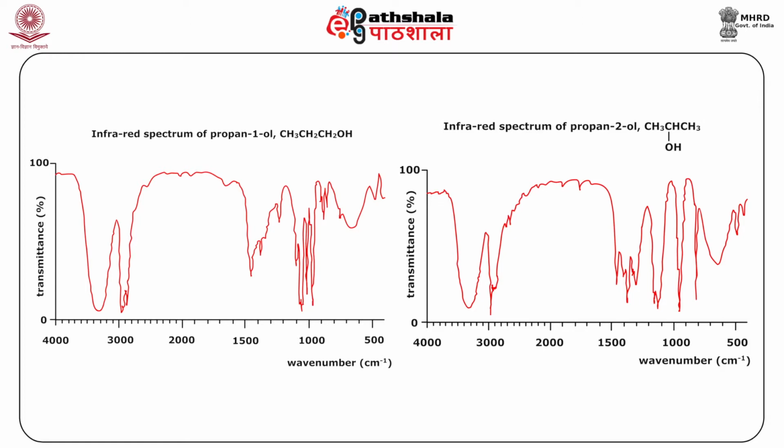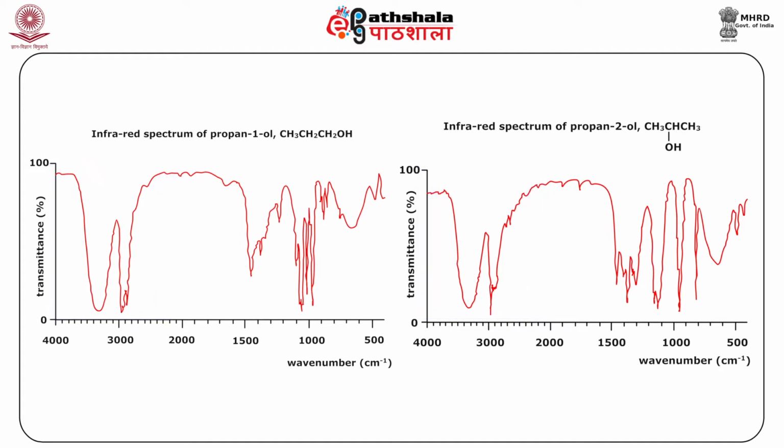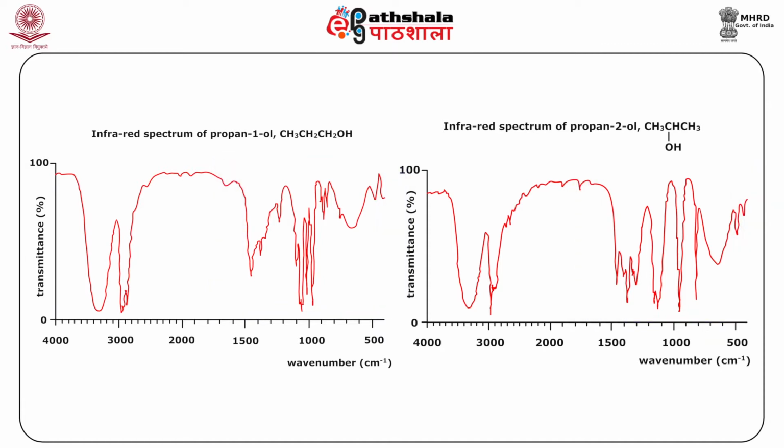Now, if you compare the infrared spectra of these compounds, the functional group region is very similar for both the compounds as they both are alcohols, but the fingerprint region is totally different. Therefore, the fingerprint region could be very crucial to identify the compound and its type of bond.